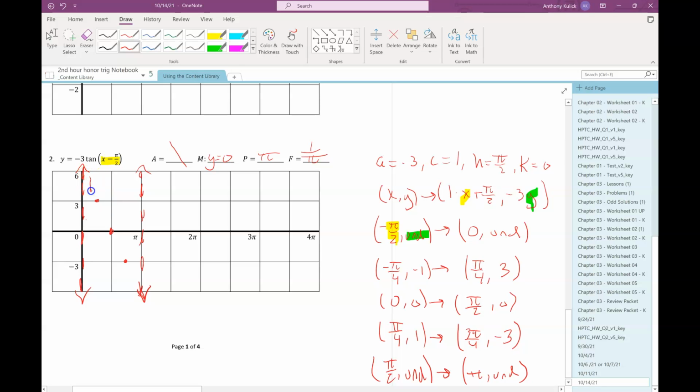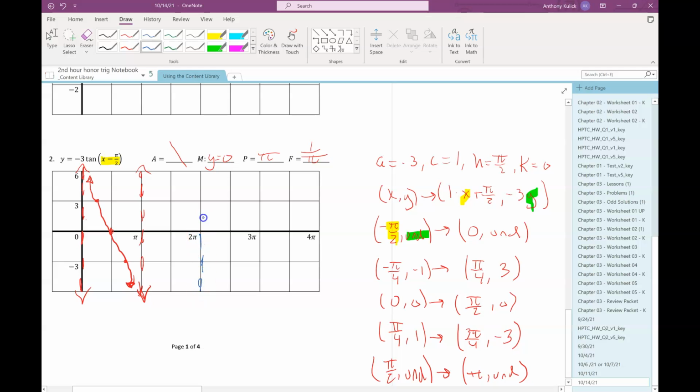Try to do a better job with this. And then I'm just going to fill in the rest of the space following the same pattern.